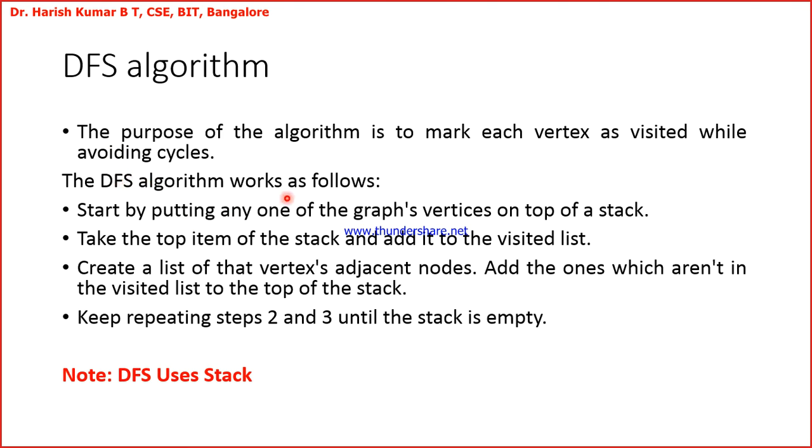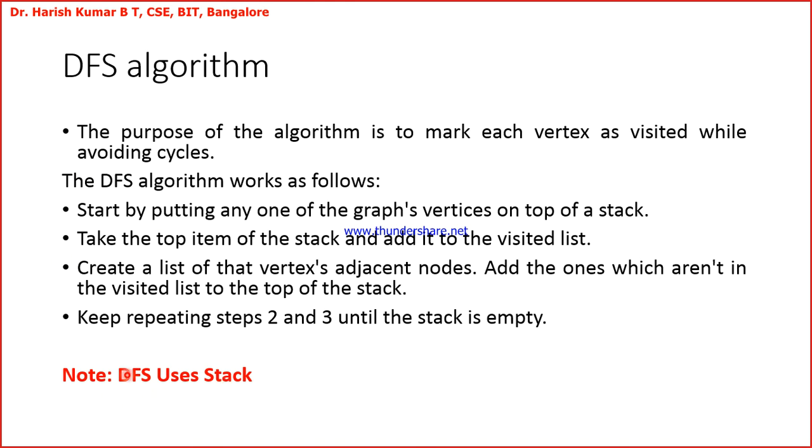So how does the DFS algorithm work? The first step is that it starts by putting any one of the graph's vertices on top of the stack. This is very important: DFS uses a stack, and BFS, the breadth first search or breadth first traversal, uses a queue as the data structure.